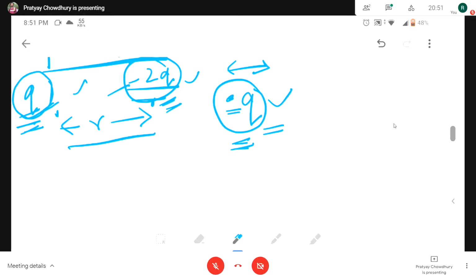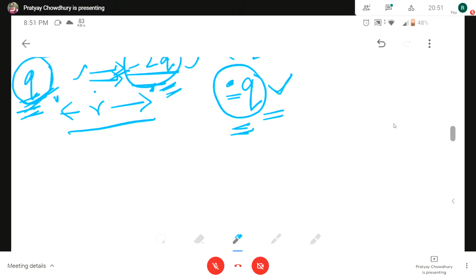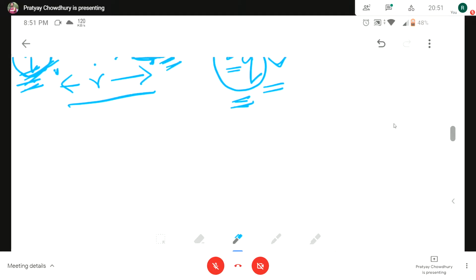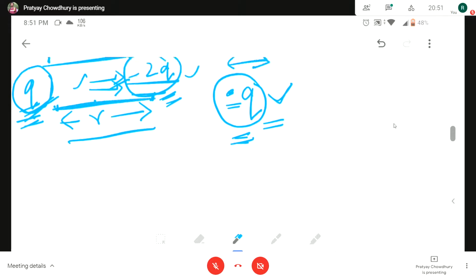If we put this test charge in between these two charges, one positive charge will repel it and another negative charge will attract it. So the total force on this charge cannot be cancelled out, because the two forces are in the same direction. They cannot cancel each other. So we have to think of a point which is outside this distance.